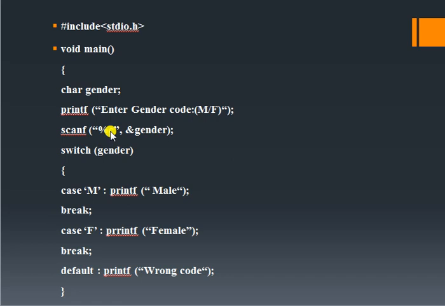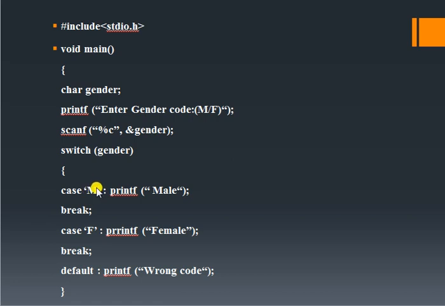Next we have to apply the switch statement. How can we apply it? Switch gender: in brackets we give the variable name, gender, then case value 1. What is the value here? This is a character constant, so it has to be included in single quotes.